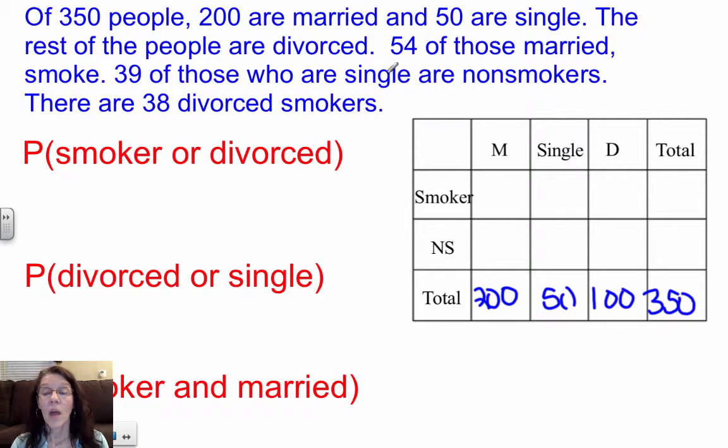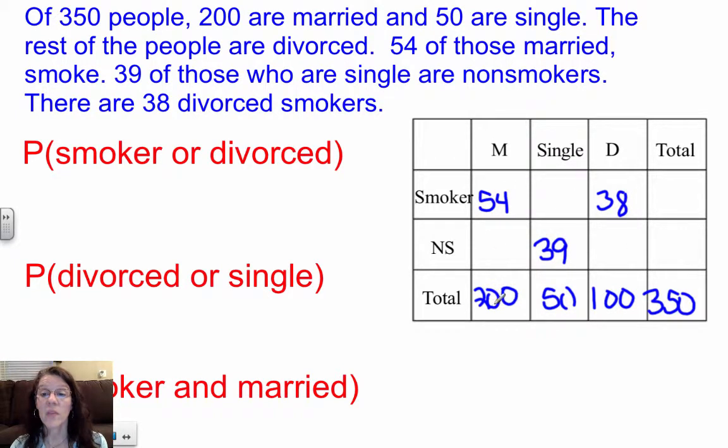Okay? 54 of those married smoke. So we have 54 married smokers. You have to be careful how you interpret that. 39 of those who are single are non-smokers, so that's this number here, the 39. There are 38 divorced smokers, so the 38 goes here.